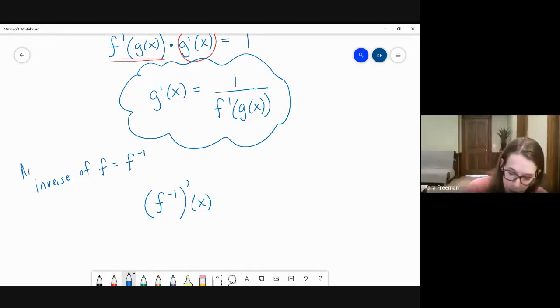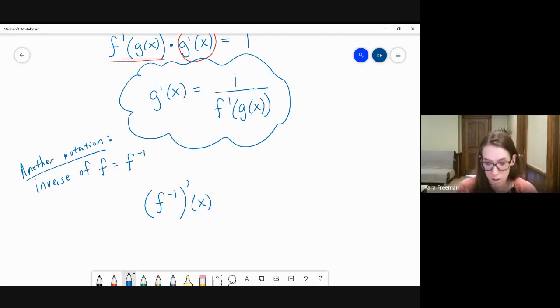This is another notation. So if I didn't say that g was the inverse of f, if I just used f inverse as the inverse of f and I didn't introduce another variable, I'm just showing you a different notation. We're not even bringing in g.